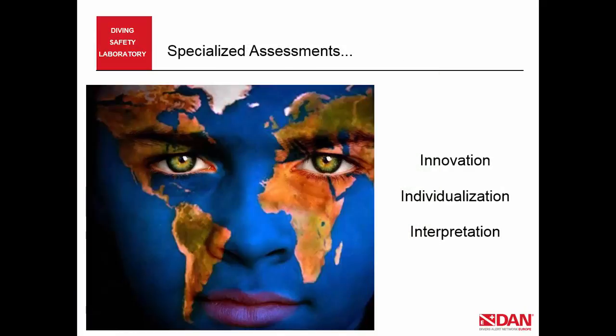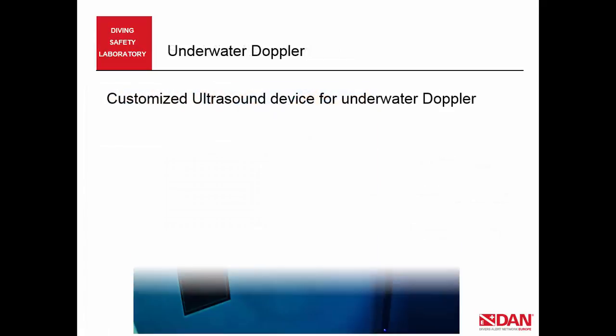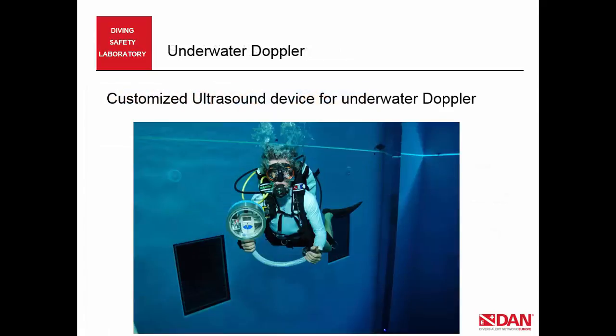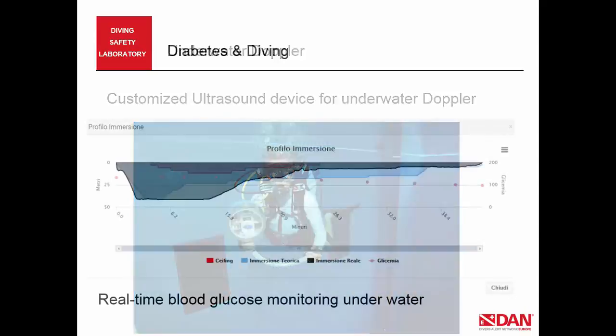These various specialized assessments represent innovation, offer the opportunity for individualization, and allow us to make ever more refined interpretations as it relates to diving safety. One such innovation includes the customizing of ultrasound equipment to perform precordial Doppler and ultrasound assessments while still underwater.